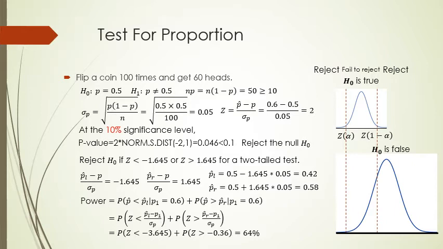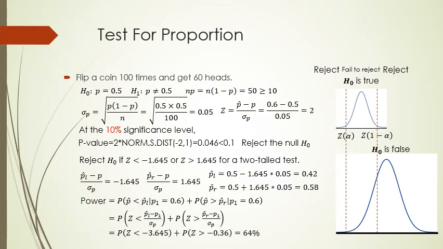The p-value is the proportion of the null distribution more extreme than the z-score, which is 2 times 0.023 for a two-tailed test. Since the p-value, 0.046, is less than 0.1, we have enough evidence to reject the null hypothesis at the 10% significance level and conclude the chance of getting the head is higher than the chance of getting the tail.